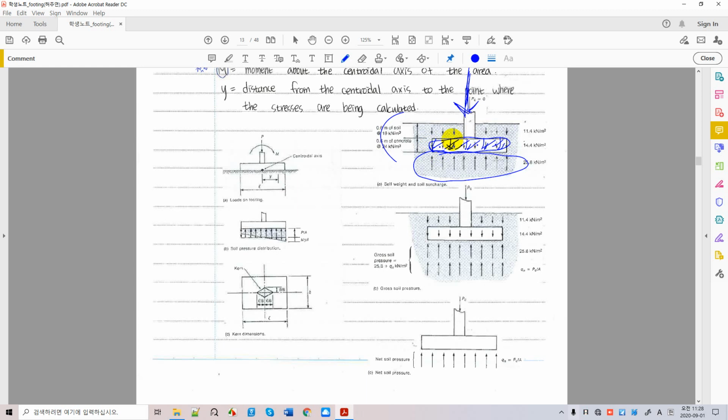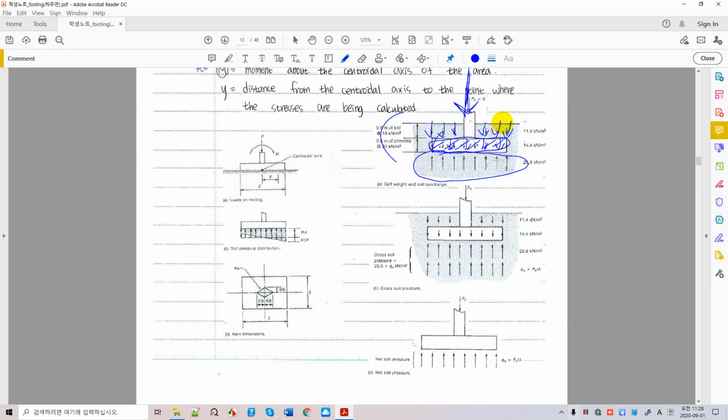And there's another loading that you must not forget, which is the soil loading on the top of the foundation. This is another soil pressure, depending on how deep your shallow foundation is being installed.